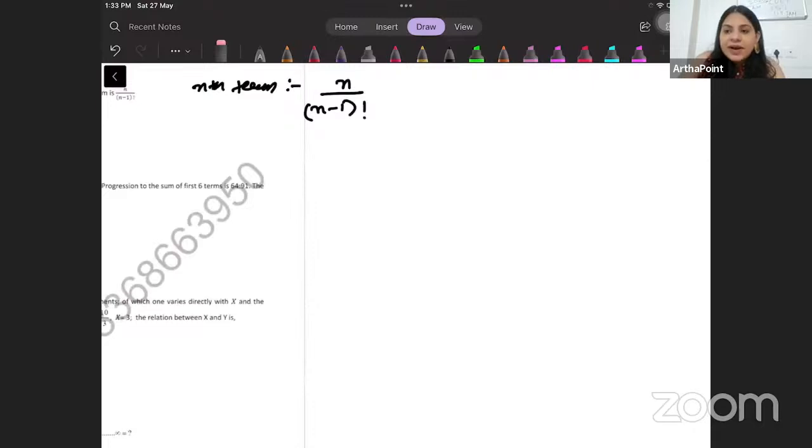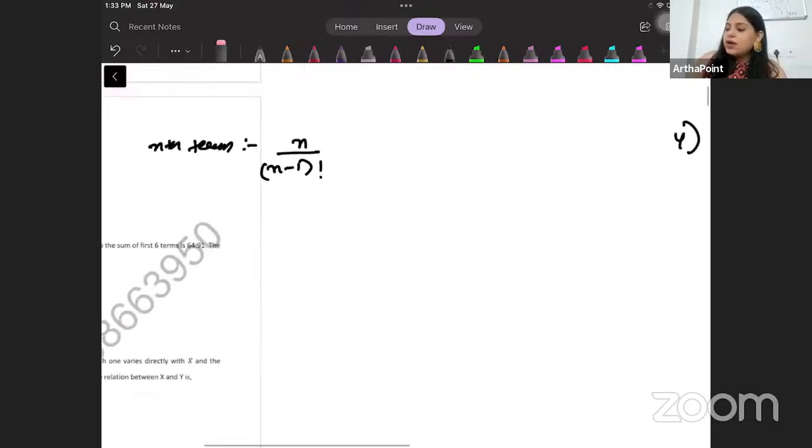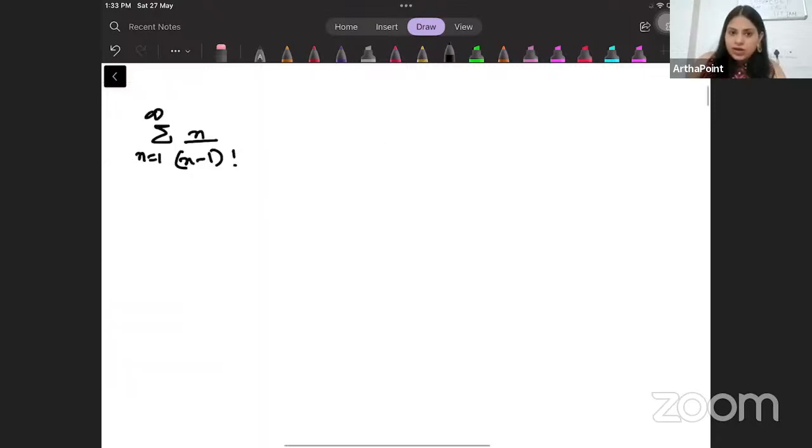So I want to find the infinite sum. I want to sum up n upon n minus 1 factorial, where n goes from 1 to infinity. Okay? Can I write it like this?